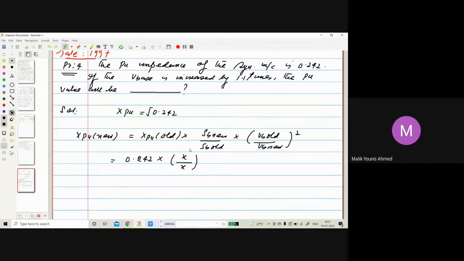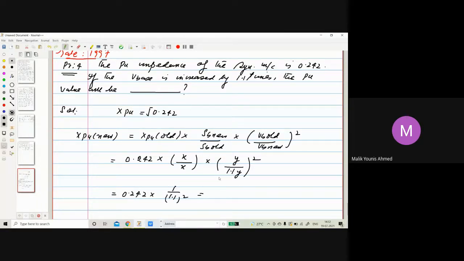So we choose them the same value, multiplied by V base old. Let us say V base old is Y. The new value is 1.1 times the old, whole square. So we have 0.242 multiplied by 1 by 1.1 square.